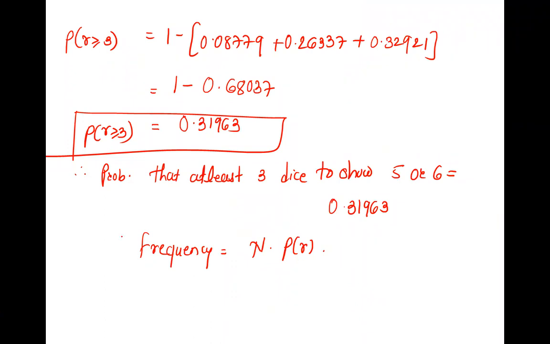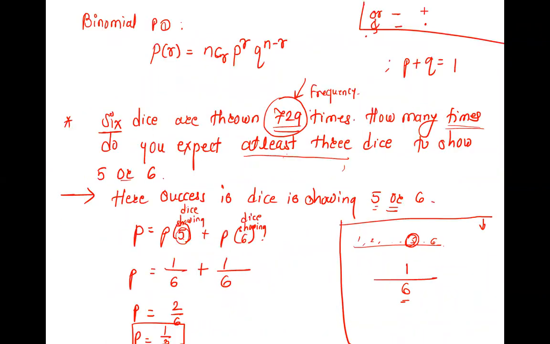P of R is the probability of the given question. N is the total number. So what is N here? How many times do you have to repeat such an experiment? 729. Right, so that is your capital N. 6 dice you are throwing, 729 times you are repeating the same experiment.